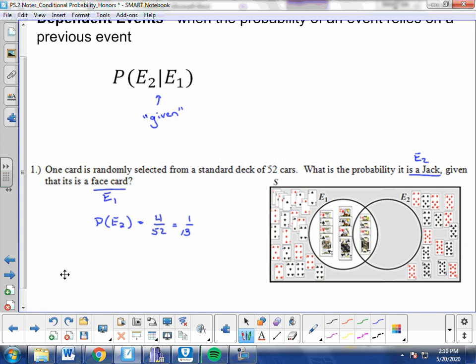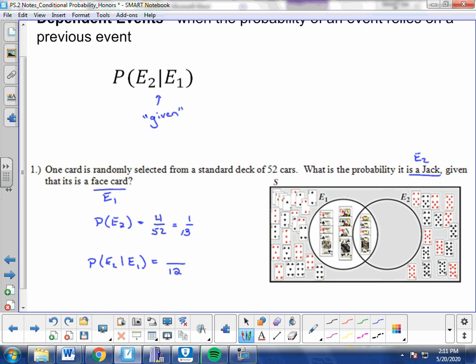However, if we have this condition here, given that it is a face card, then the probability of event 2 is now based on event 1. Basically what we're doing is reducing the sample space with event 1. If we know we are drawing from just face cards, we know that there are 12 face cards in the entire deck, a king, queen, and jack in each of the 4 suits.